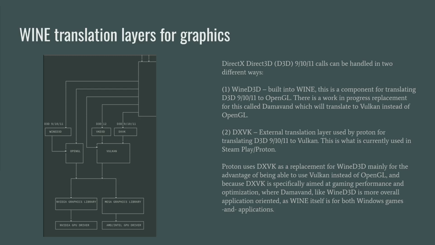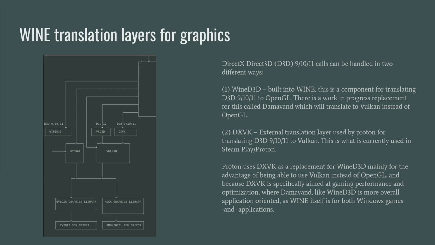Damavand, here, let me back up a minute. Damavand is a work-in-progress replacement for WineD3D that does the same thing that DXVK does, but the difference is DXVK is aimed at gaming, whereas Damavand is aimed more as a traditional WineD3D backend.